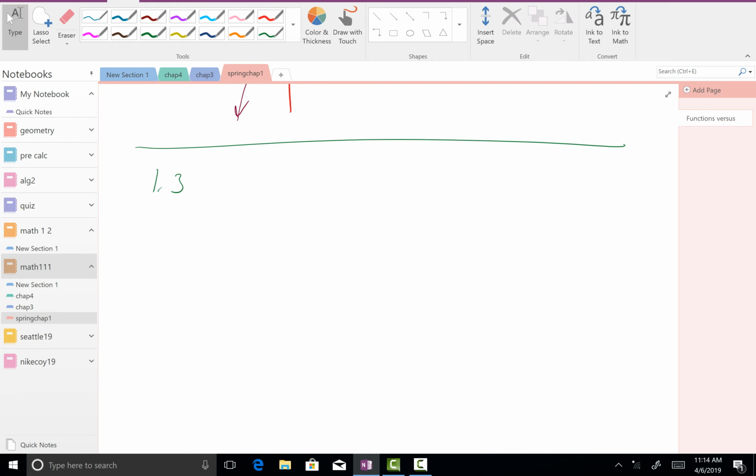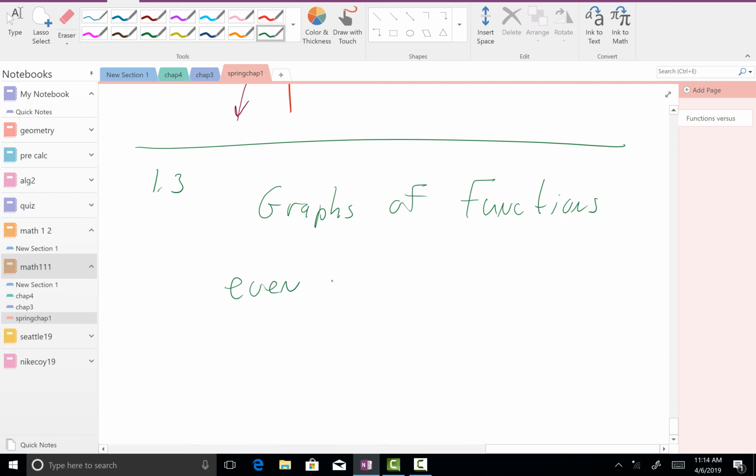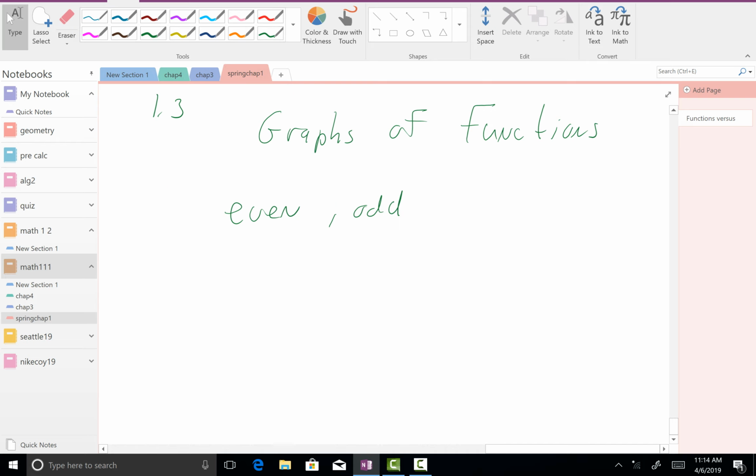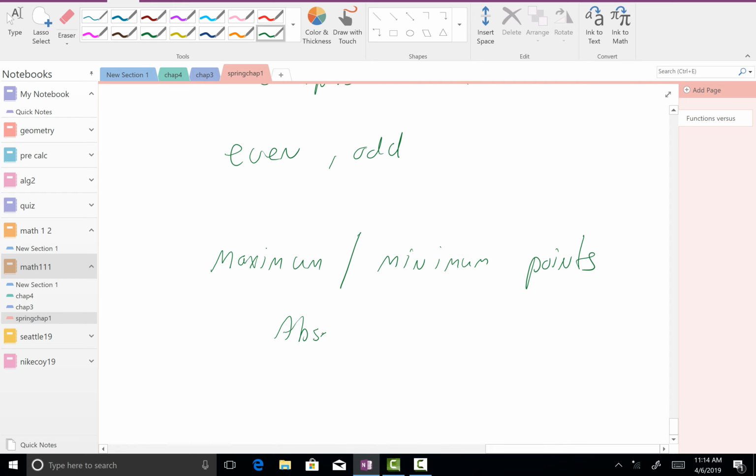So what we're going to look at is the graphs of functions. They're going to talk about these things: even, odd, maximum/minimum points, and whether they're called absolute or local.